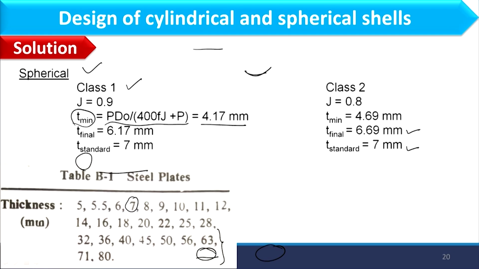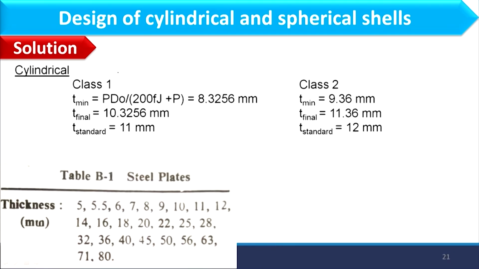Similarly for cylindrical vessel for class 1, J value will remain 0.9 in this case and 0.8 in this case for class 2. For class 1 we have minimum thickness as 8.3256, adding corrosion allowance we can have 10.3256, and then T standard I can take as 11 as it is the next value.